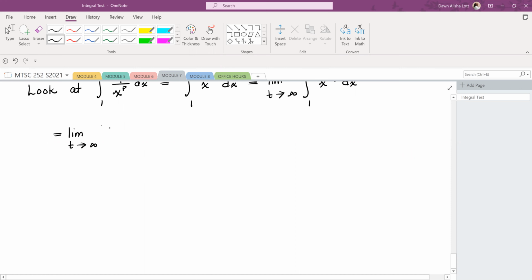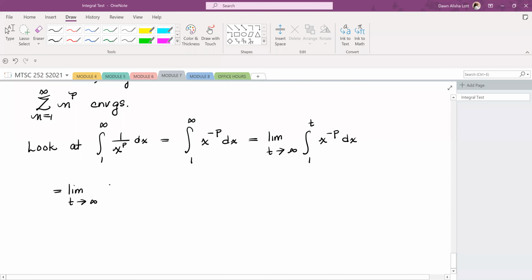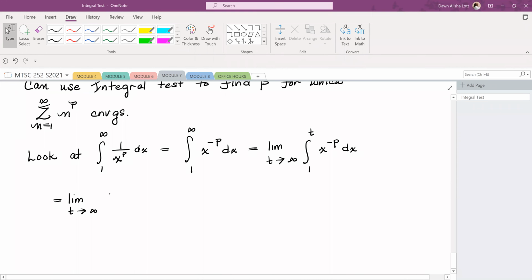So now we just add 1 to the exponent and divide. So we get x to the negative p plus 1, and then we divide by negative p plus 1. And we evaluate that from 1 to t.